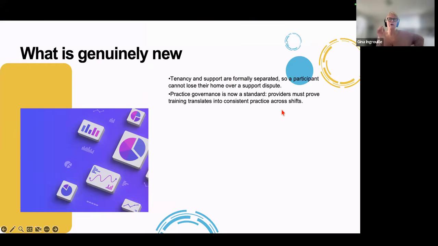Tenancy and support are now going to be, this is new, formally separated. So the participant can't lose their home over a support dispute. If the participant wants another SIL provider, they can have it.